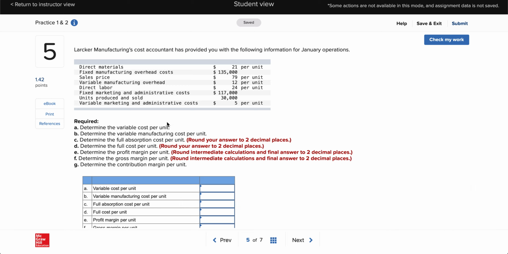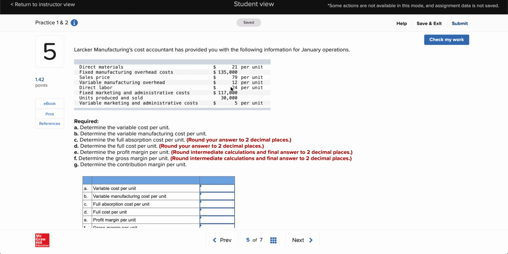Variable cost per unit, obviously we're going to go up here and pull everything variable. So we want the variable manufacturing, actually direct materials is the first one here. We're looking at $21. Direct materials, direct labor, and the variable portion of the manufacturing overhead, in addition to any variable marketing and admin cost. We want to add all those things together. So 21 for direct materials.